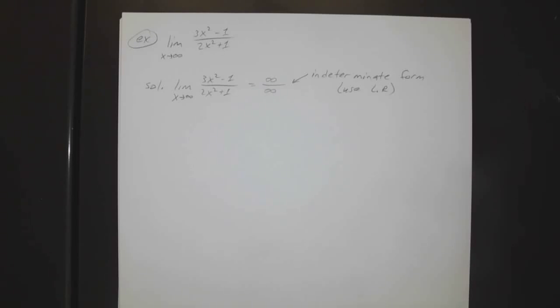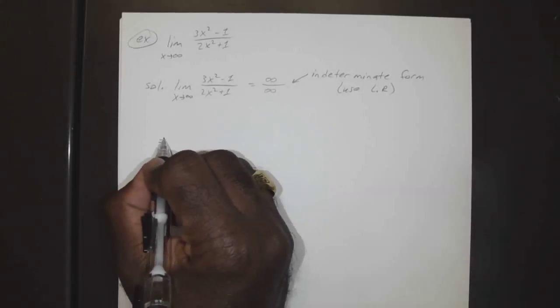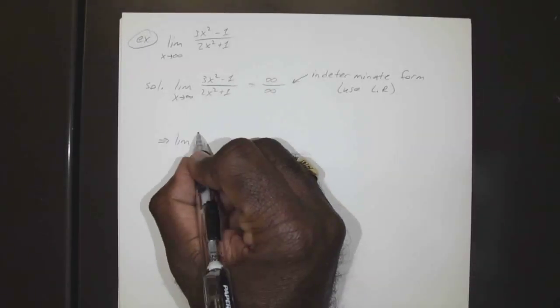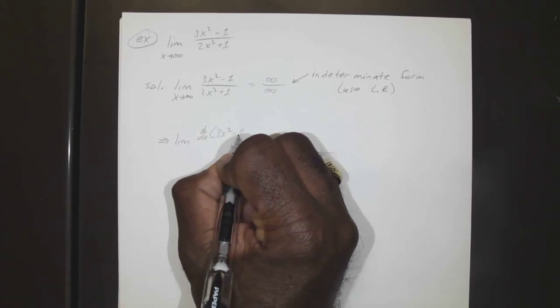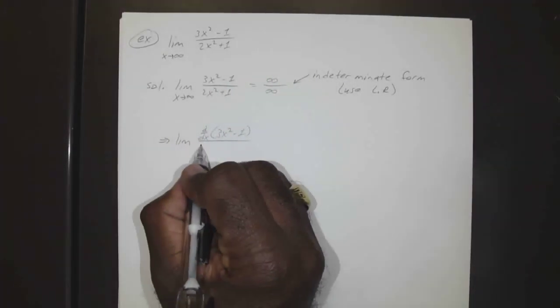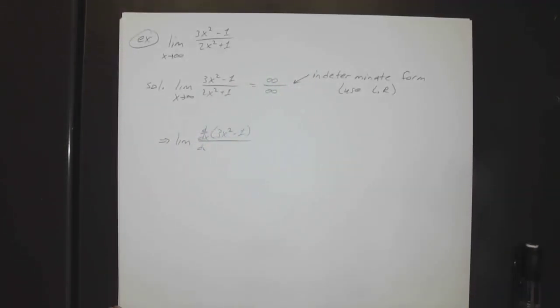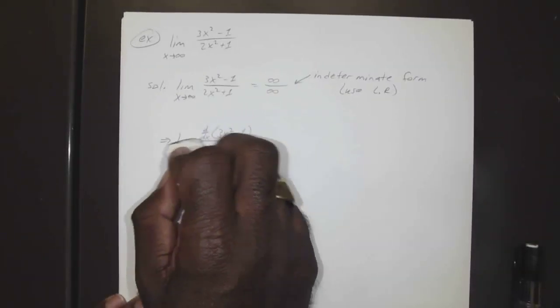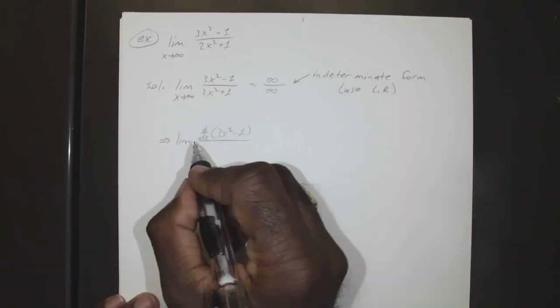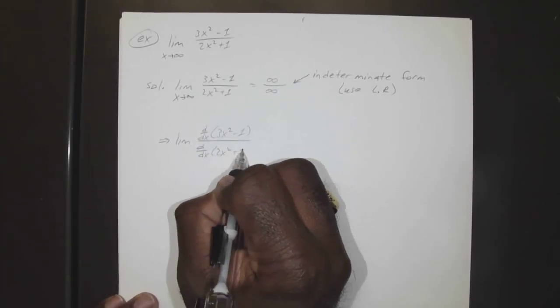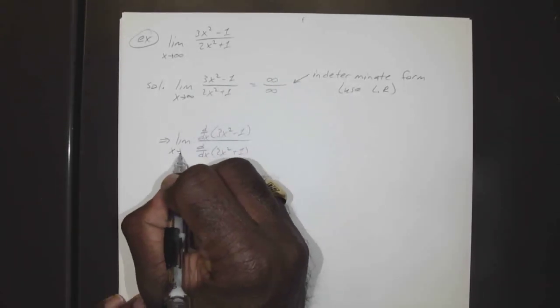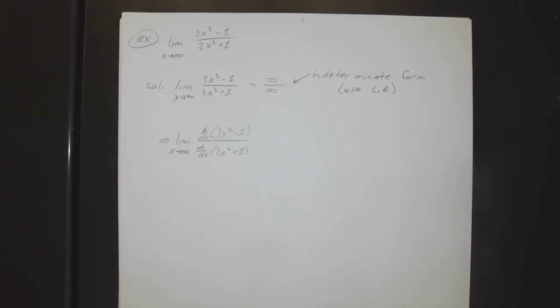It's pretty simple. So you have the limit of the derivative of 3x squared minus 1 over the derivative of 2x squared plus 1 as x approaches infinity.